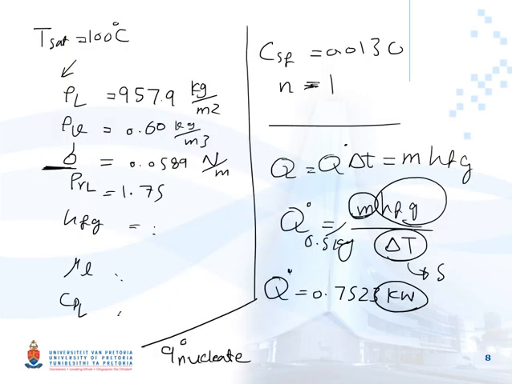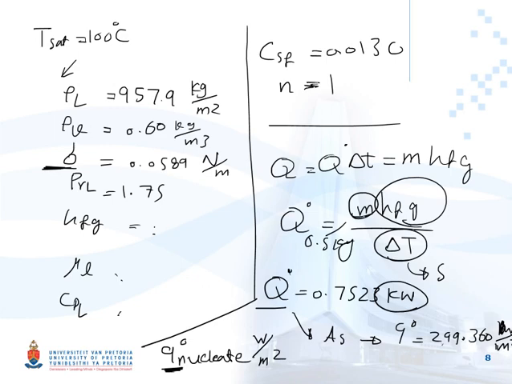This one was capital Q dot, kilowatt, but this is lowercase q dot, units are different, so this unit is per square meter. For this one, we calculate As, and after that Q dot will be 299,360 kilowatt, sorry, watt per square meter.